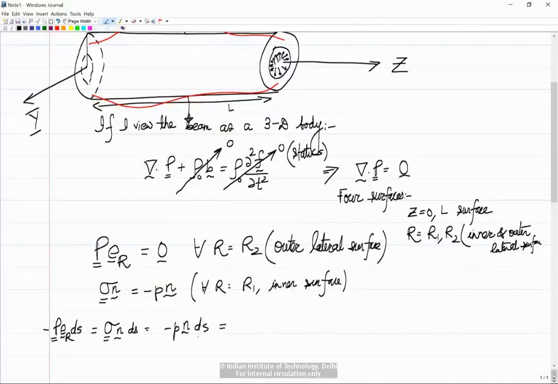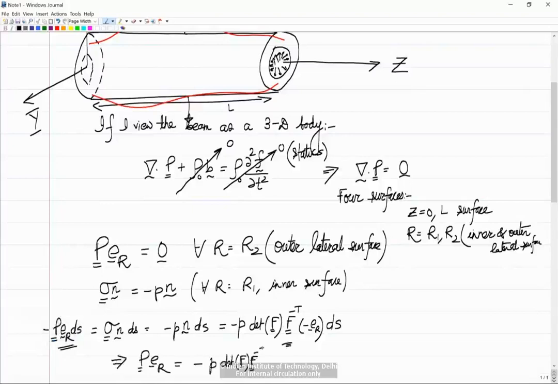And then here I can use the surface transformation rule, and it becomes minus p into det F into F inverse transpose, and then again the undeformed outward normal, which is minus E big R D capital S. So when you compare the first one with the last one, we get P E capital R is equal to minus p det F F inverse transpose into E capital R. Okay, so that's for the inner and outer lateral surface.